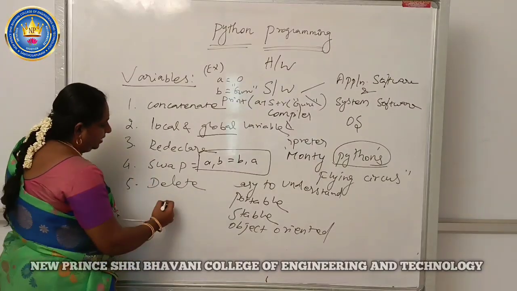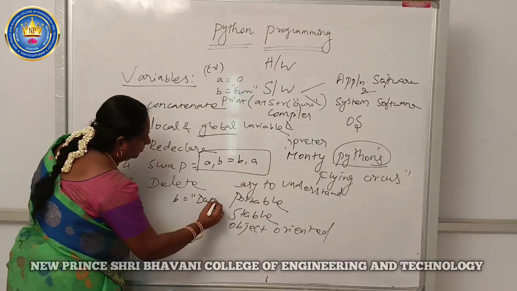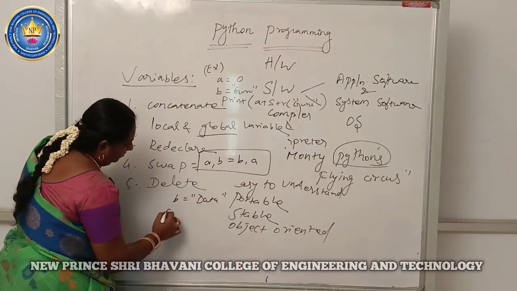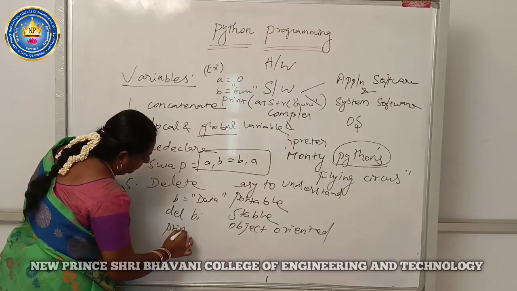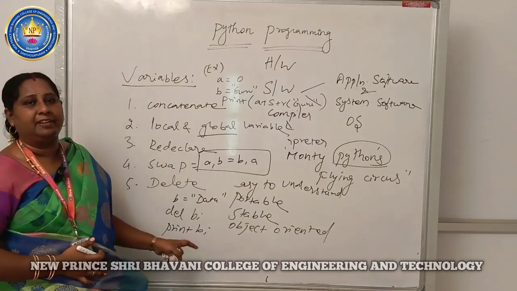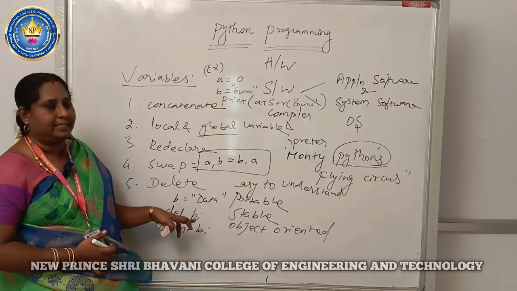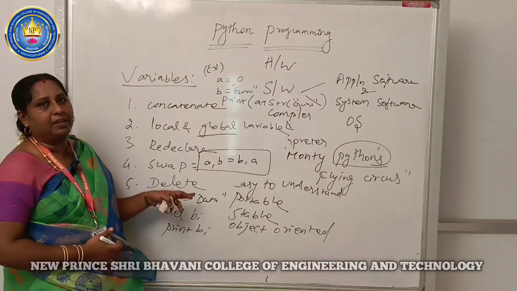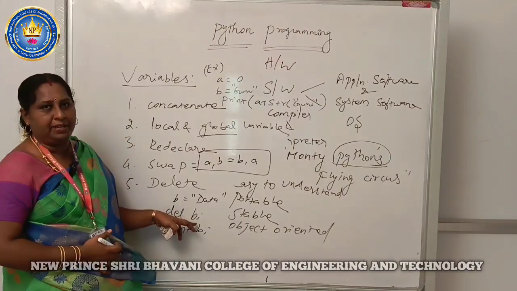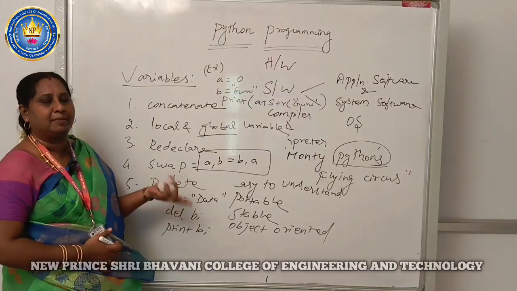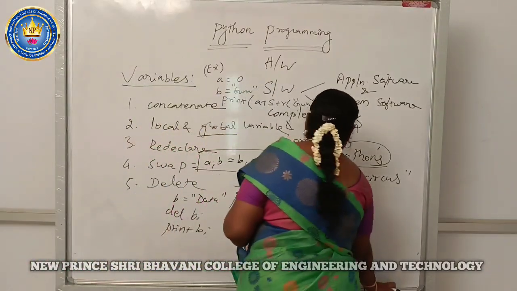So for example, we can give B is equal to data, and we can give del B. After that, print B. It will give an error because in the previous line itself we deleted the variable B. The memory location is reserved based on that variable. If you give del B, then the memory location will be cleared for some other variable or data. And then next we will go for the operators.